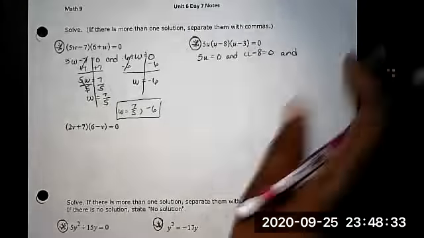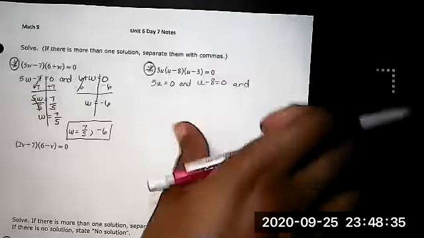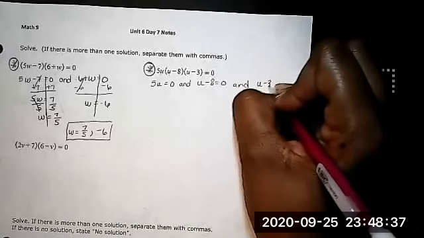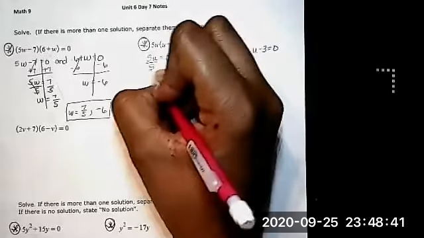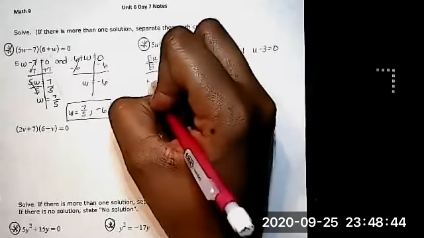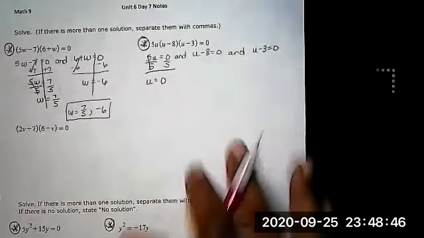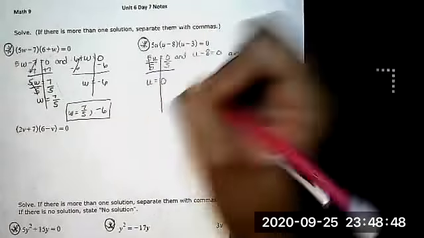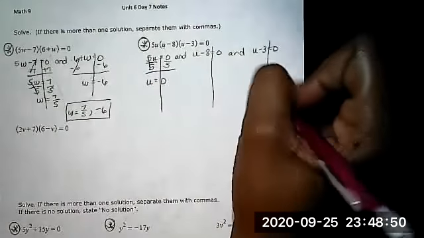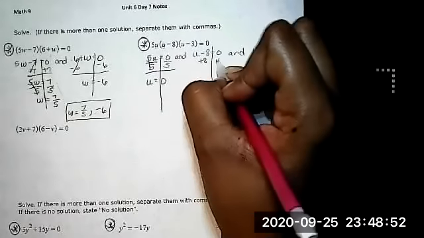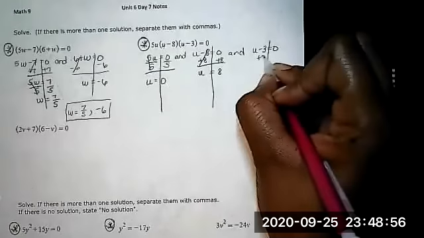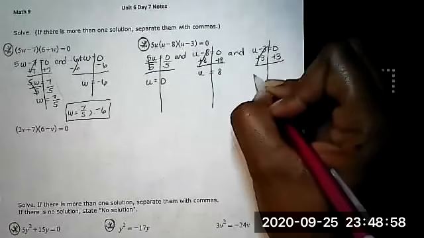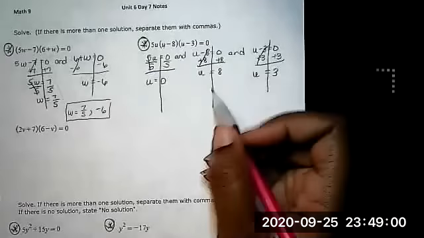And you'll have u minus 3 equals 0, okay? So then you're just going to be solving for each of these. u is equal to 0 in this case. Add 8 here, u is also equal to 8, kind of straightforward. Add 3 here, u is equal to 3, okay?